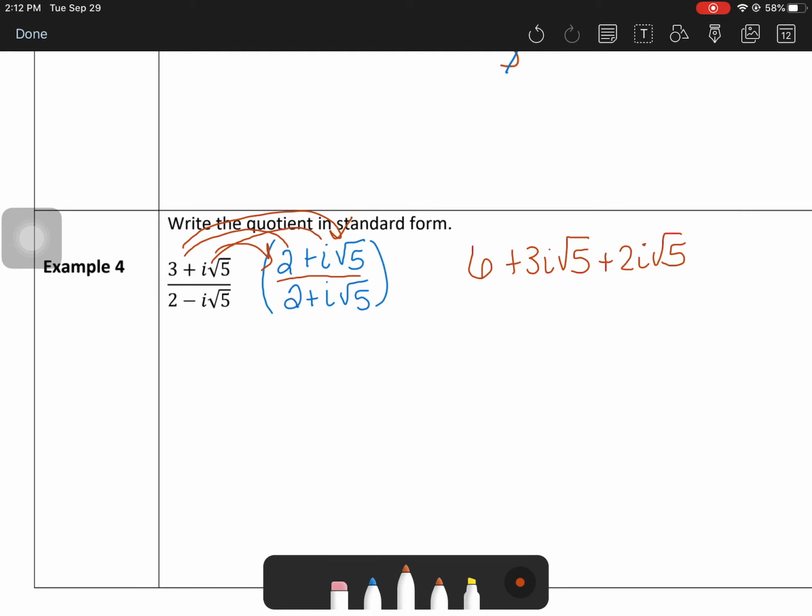And i square root of 5 times i square root of 5 is going to be positive i squared, and then the square root of 5 times the square root of 5 is 5.